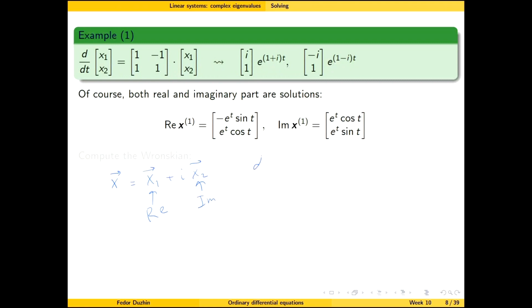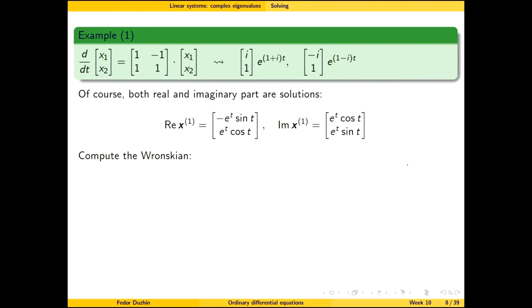When you differentiate dx/dt, you differentiate them separately, so you have dx1/dt plus i dx2/dt. Then when you multiply with a real valued matrix, you multiply them separately. Which is why it works.